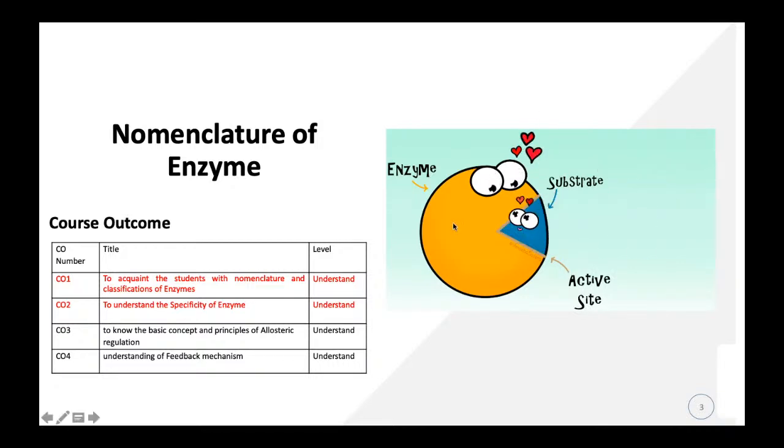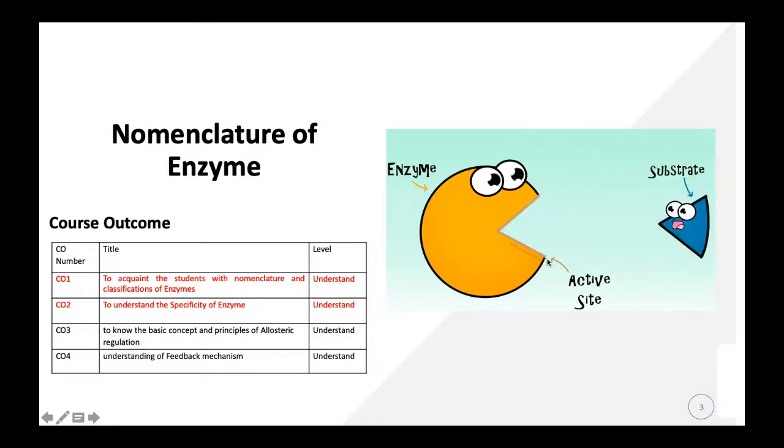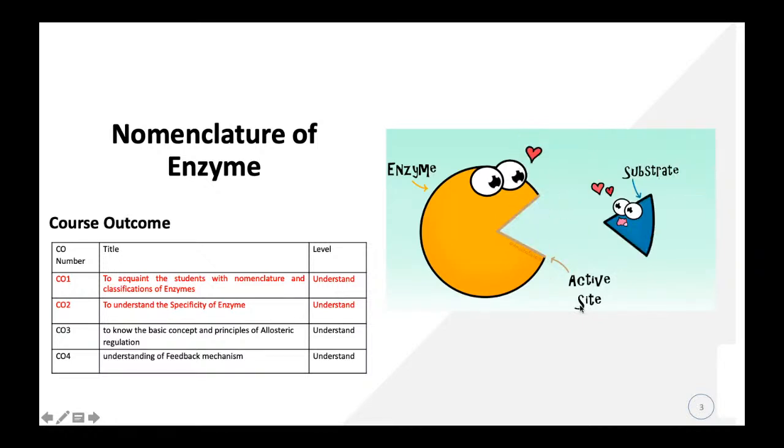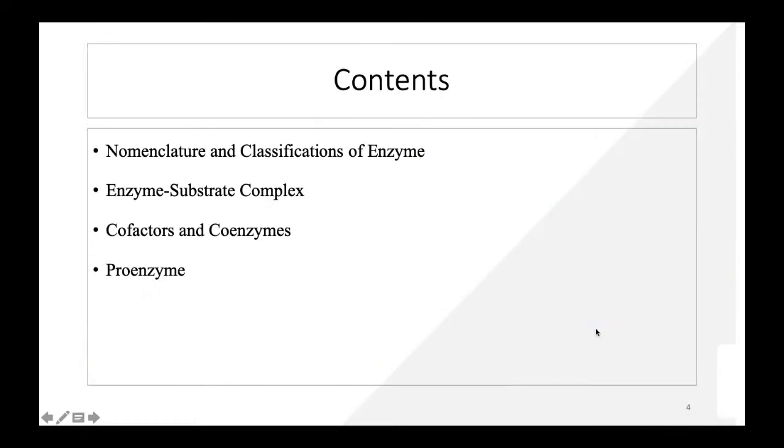So this is our enzyme, and these are the active sites where substrates want to get attached. Here the content is written: nomenclature and classification of enzymes, enzyme substrate complex, cofactors and coenzymes, and proenzymes that we will be discussing in this chapter.